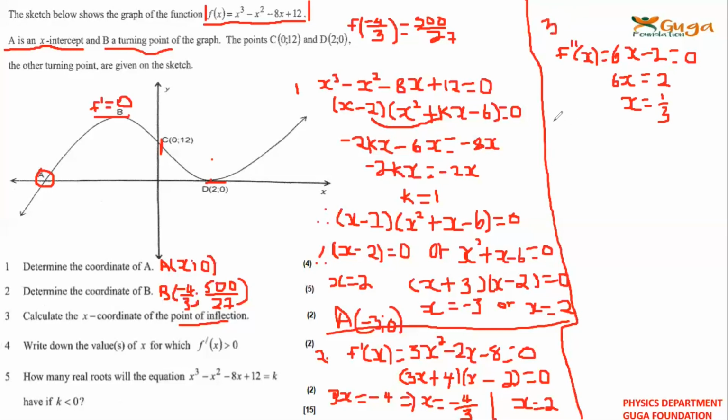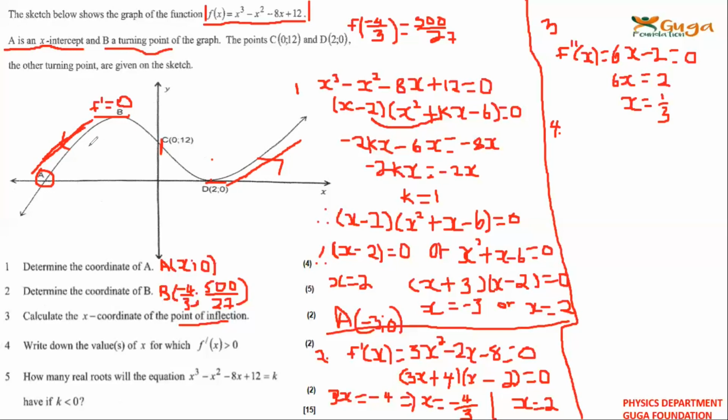Okay, then number 4, you should get the values of x where the first derivative is greater than 0. In other words, the gradient is greater than 0. So this is the line for the gradient greater than 0, and also this is the line. So you take all the values on this side, and then you also take all the values on this side from the turning point, right?